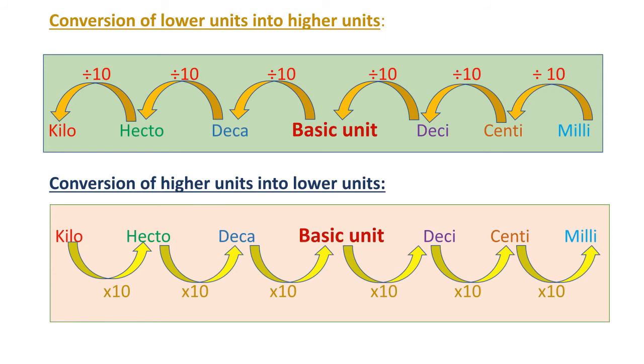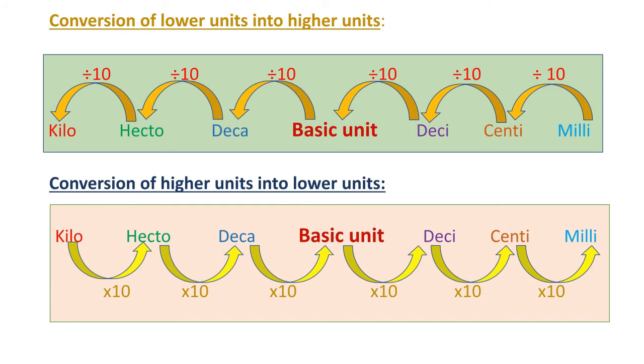A lower unit means first of all we'll take milli. Suppose we are talking about length, so it will be millimeter because the basic unit is meter. So from milli to centi, if we move, we divide it by 10.